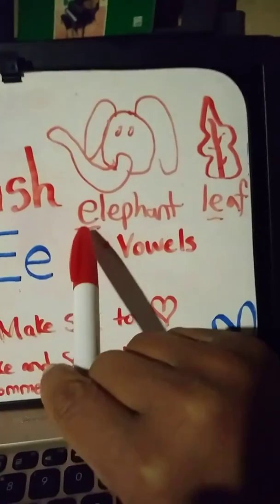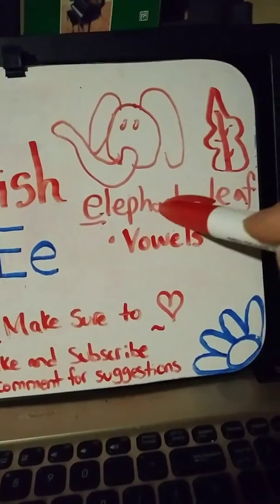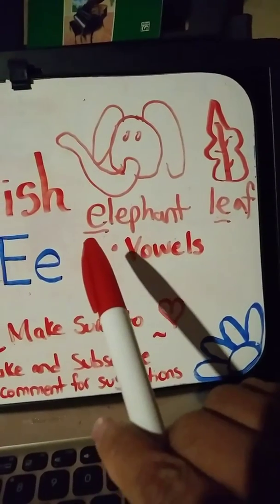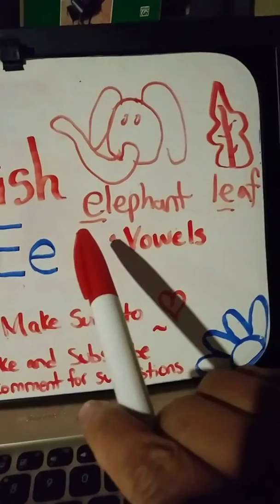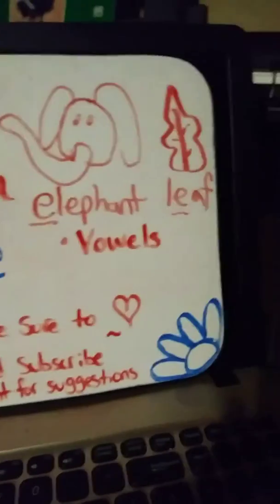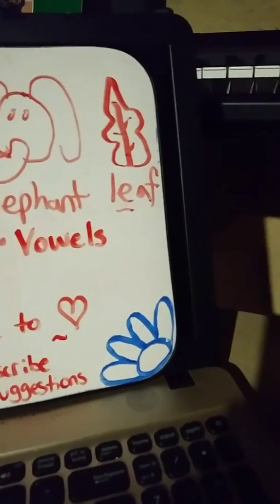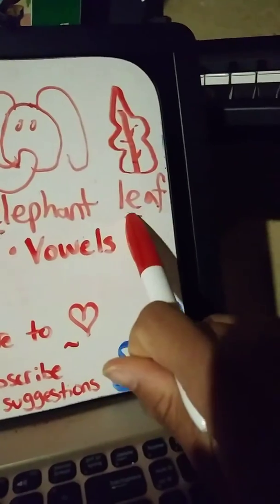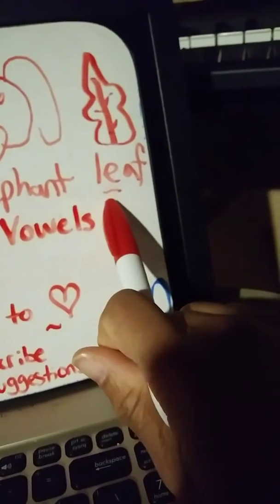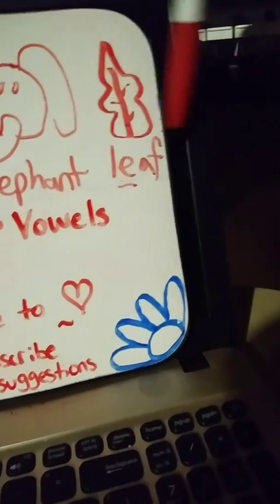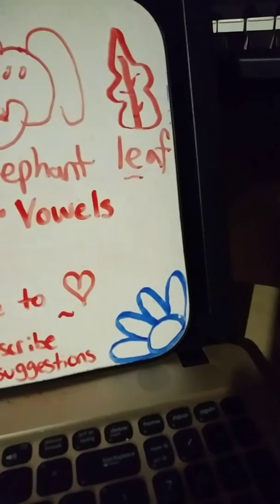Elephant. Elephant. Here, E is the short E. And of course, the E in leaf is the long E. Leaf. You can hear that E as you begin to pronounce leaf. Okay? Long E, short E.